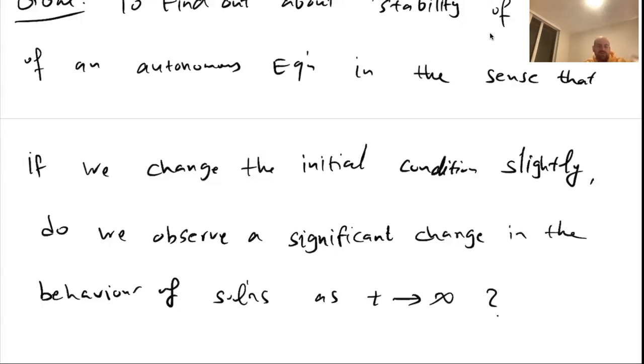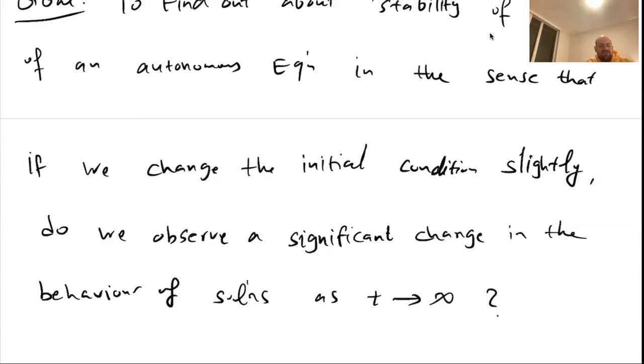As t goes to infinity means even 50 years later, your life is affected by that moment in a positive or in a negative way. Now, that means if you change the initial condition slightly, let's say you arrive 1 second later or 1 second before, maybe you could observe a significant change in the outcome of your life, let's say, 50 years later.